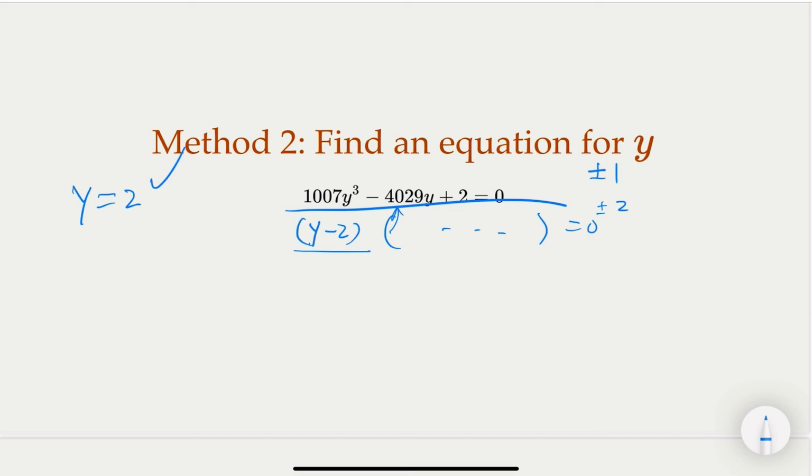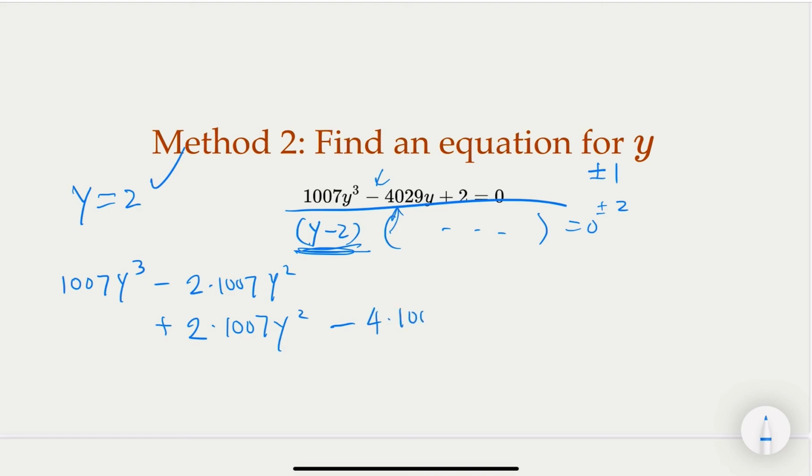This is how you do it. You do some algebra here. Since we know you have y minus 2, you must have 1007y cubed minus 2 times 1007y squared. But there's no y squared term, so you have to cancel it, plus 1007y squared. And then you minus, because y minus 2 is a factor, 4 times 1007y. And then here you have negative 4029.